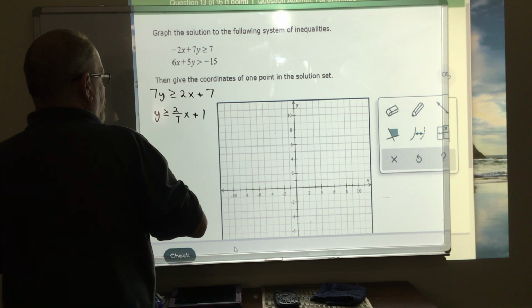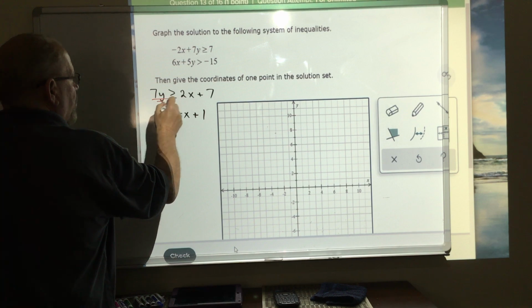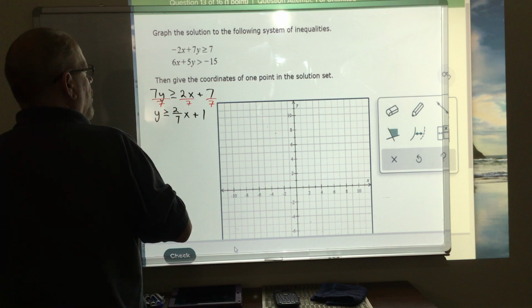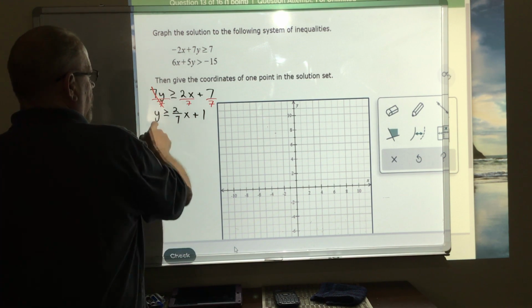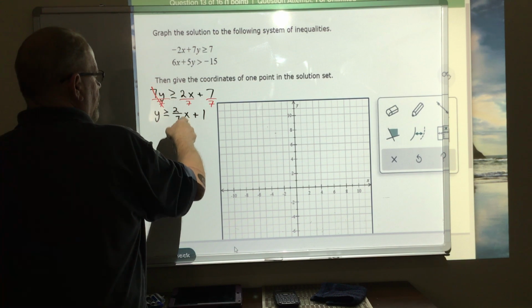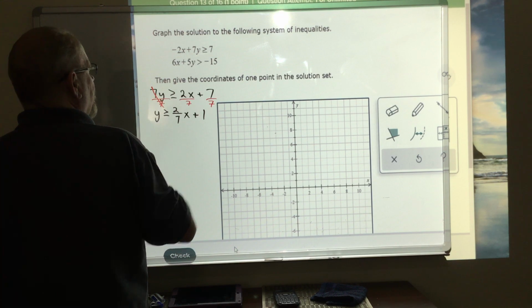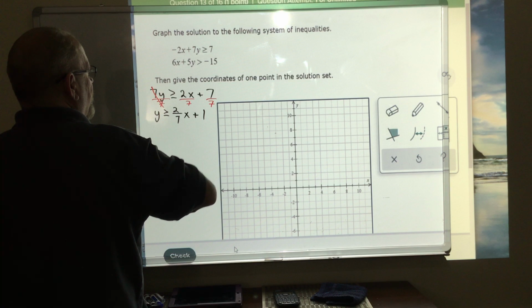Okay, so for those of you who like to see the steps, I divided both sides of this by 7. This canceled that. Y, 2/7 x plus 7/7 is 1. Now I'm going to do the other one. I'm going to subtract 6x from both sides of that.